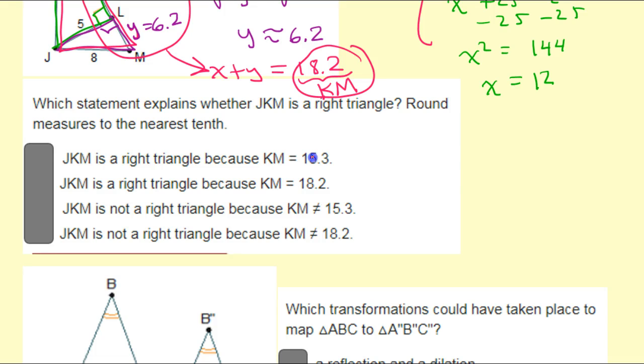We can throw out the top two choices that say that it is a right triangle. So it's not a right triangle because KM does not equal 15.3. KM does equal 18.2. There's your answer right there.